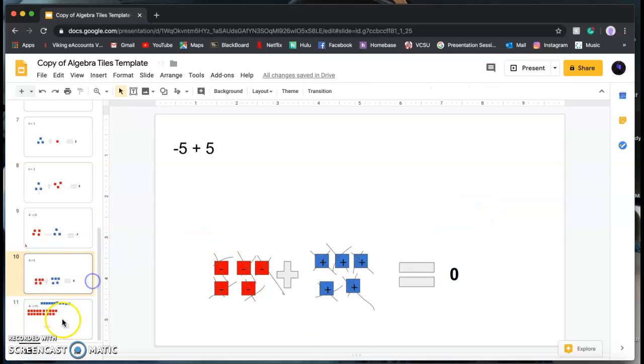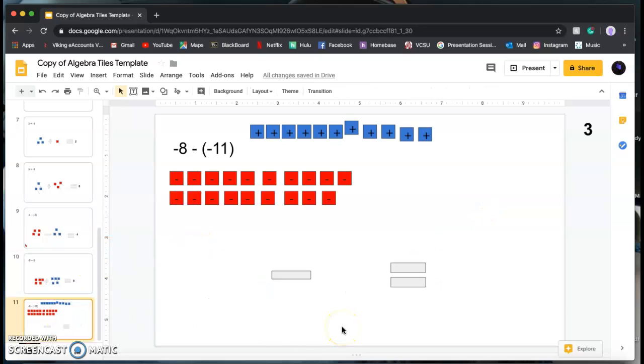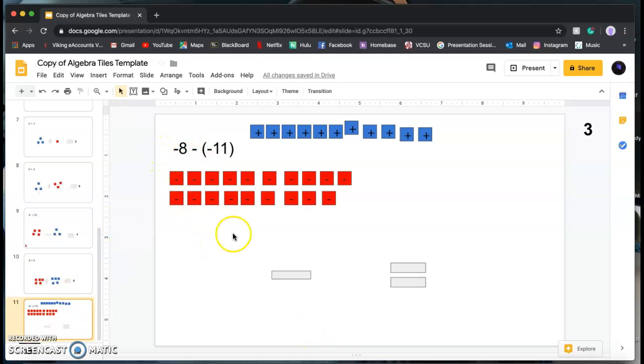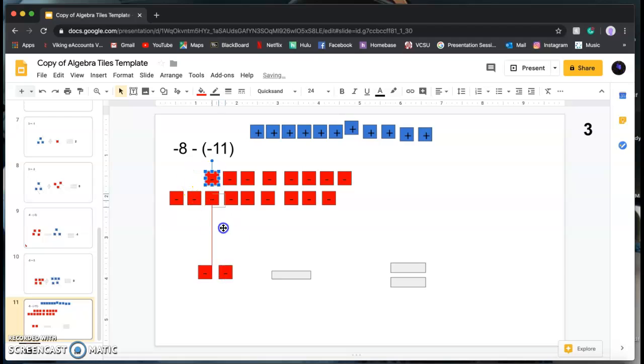Perfect. Alright, so next, my last and final question is -8 minus -11. For first, what I'm going to need is 8 negative units.